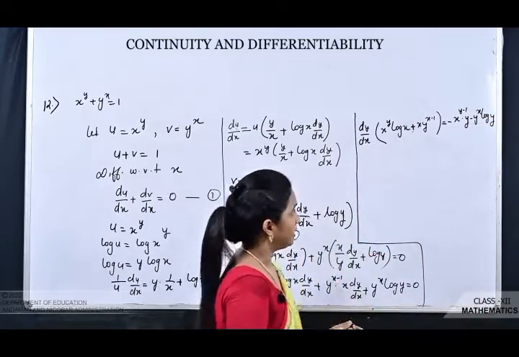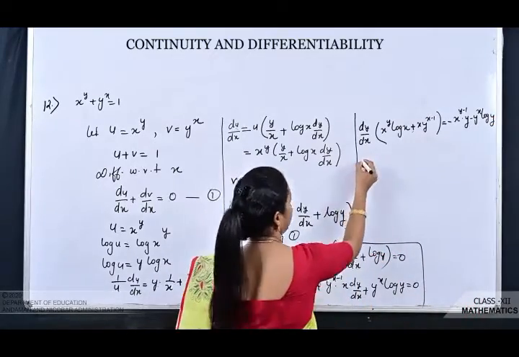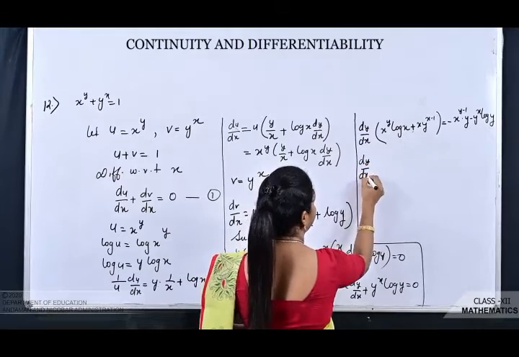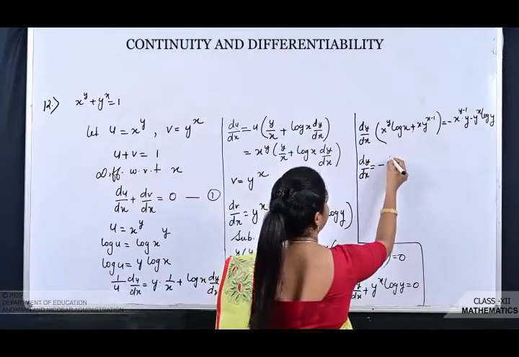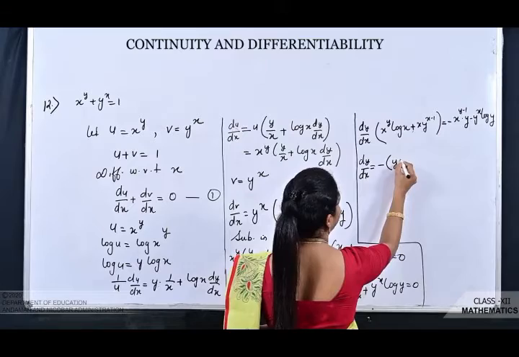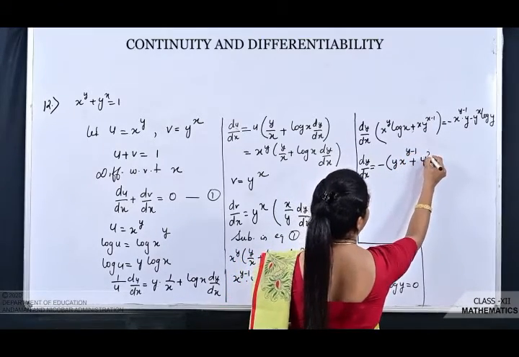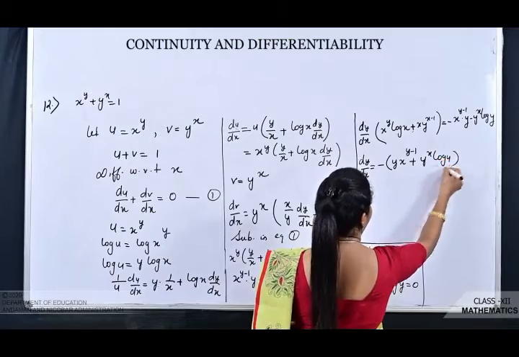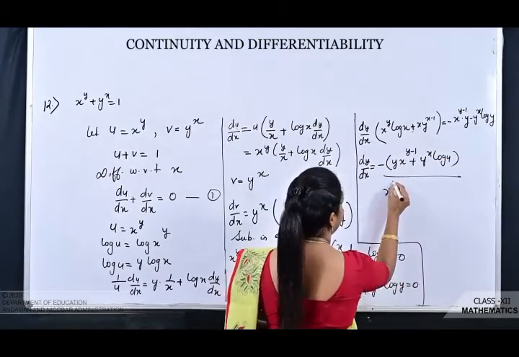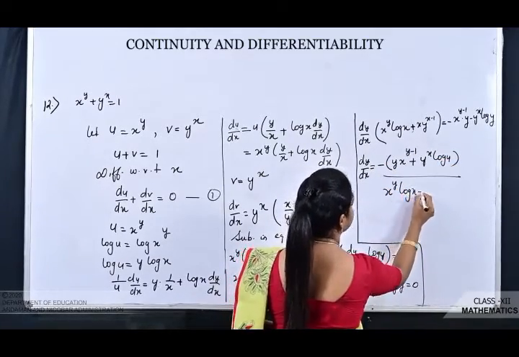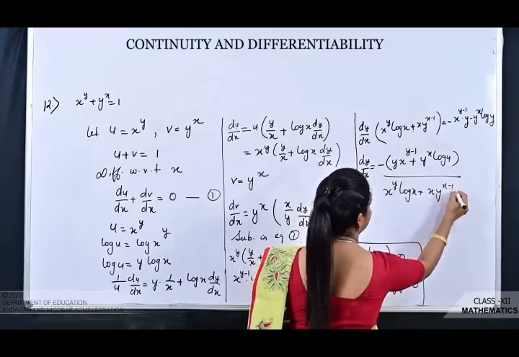Okay, the other term you have taken to the other side, and the final answer you are going to get is minus, you take it common, so you are going to get y x to the power y minus 1 plus y to the power x log y, the whole divided by x to the power y log x plus x y to the power x minus 1.